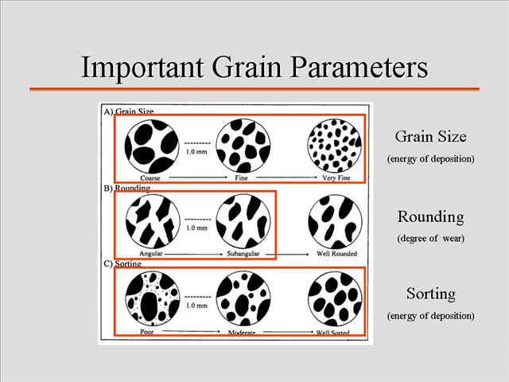So if you're in a quiet water environment, you may be in a quiet water environment thousands of kilometers from where the source of sediment was, so it's going to be mature sediment, but it's going to look like this or like this because that has nothing to do with maturity. It has to do with other variables. Remember, in nature, there's a whole bunch of overlapping components that affect the things we see.